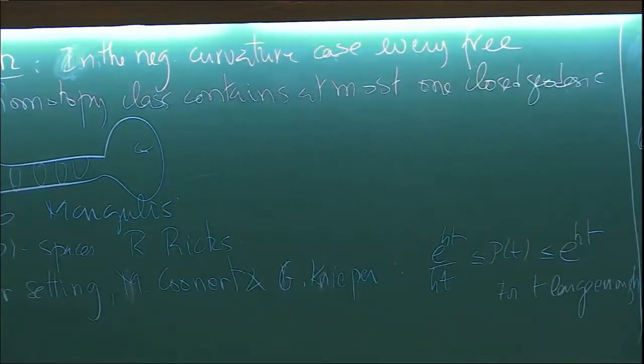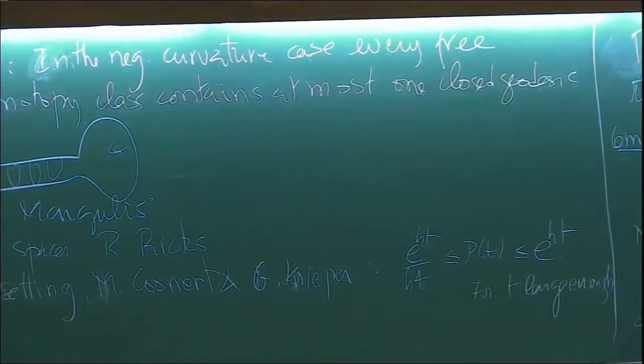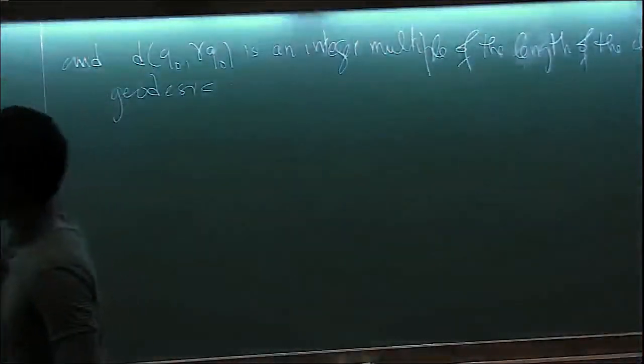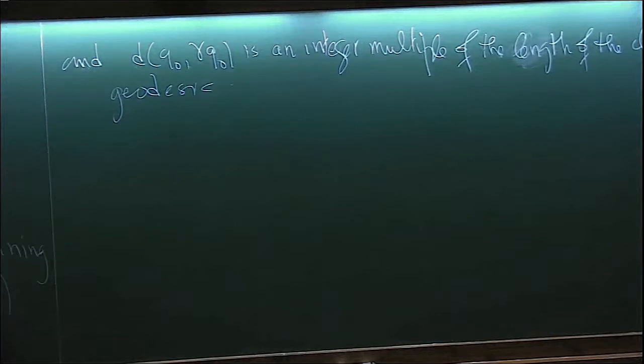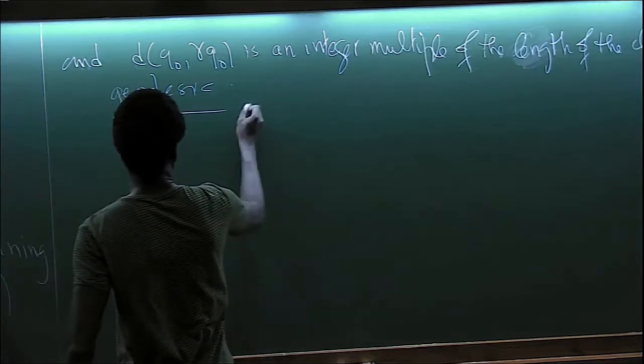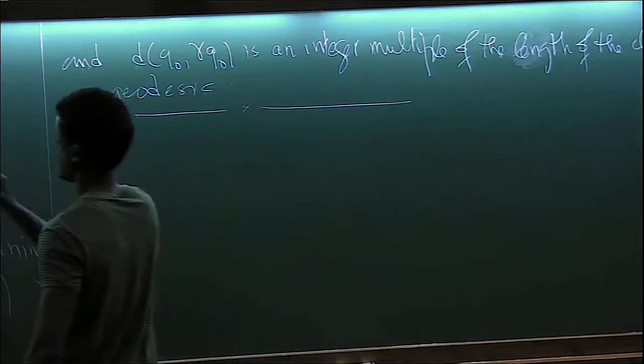Now, to start on the ideas of the proof of the theorem I stated here, I want to construct in a specific way the measure of maximal entropy of the system and show you how to use this construction to prove this estimate.